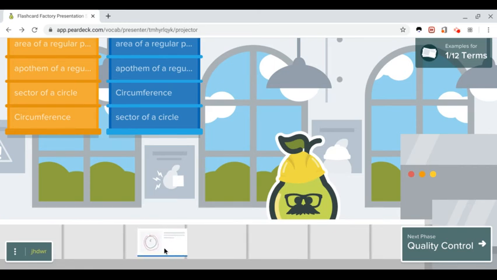So this is the very first one that I just uploaded. The next one says to draw an example of a sector of a circle, and it gives you the definition: a region bounded by two radii of the circle and their intercepted arc.